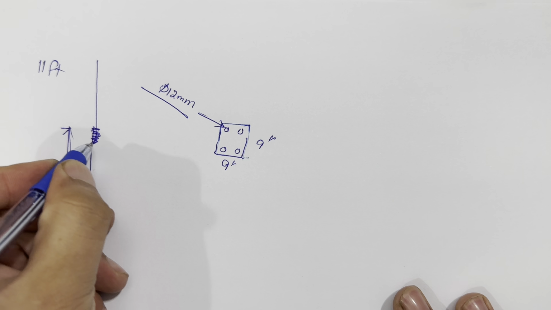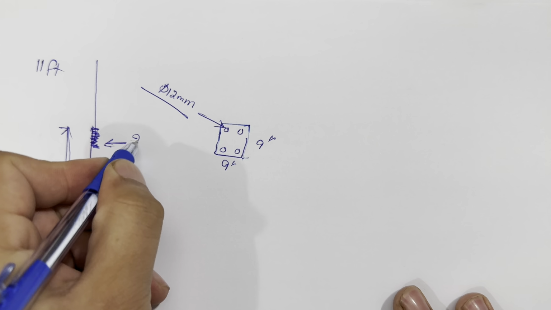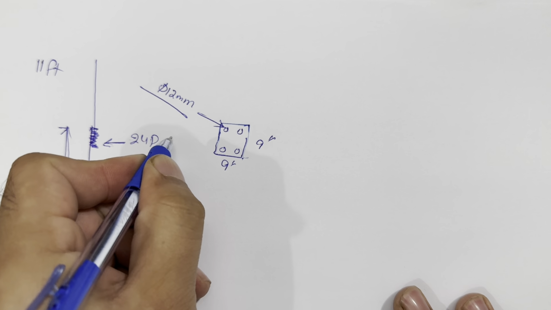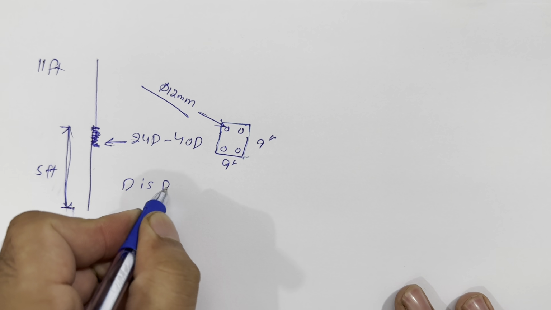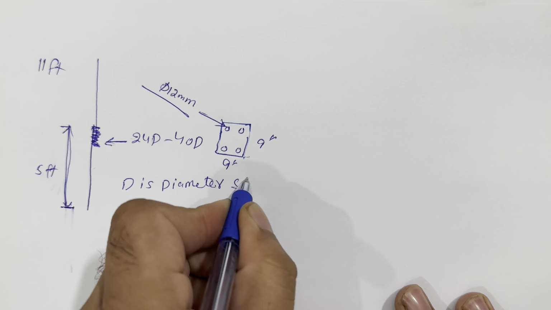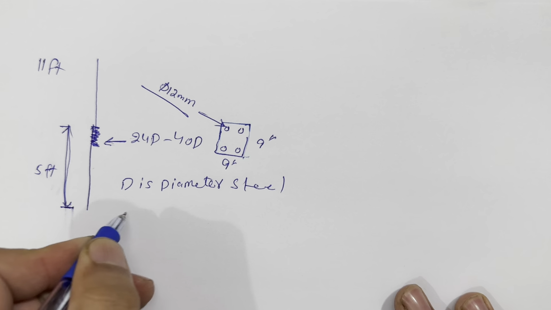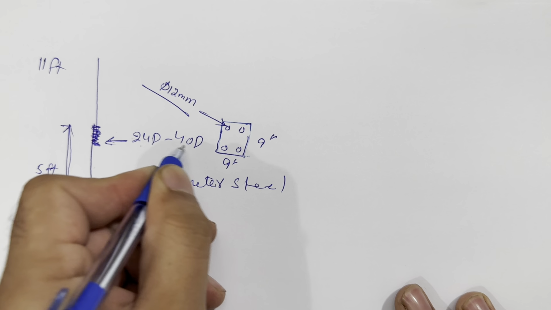So in this lapping, one steel rod should be overlapped with the other by 24D to 40D, where D is the diameter of the bar or diameter of the steel. Suppose the diameter is 12 millimeter, so multiply 24 to 40.